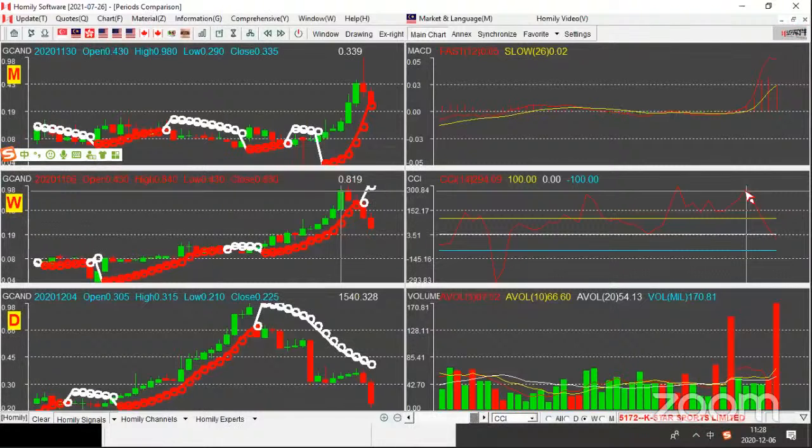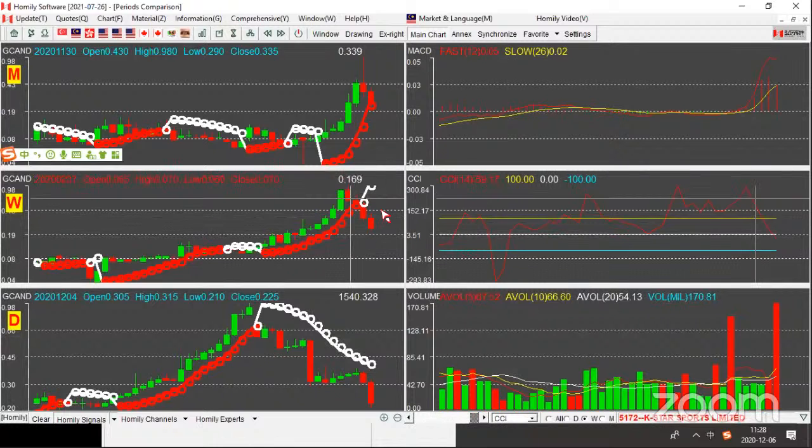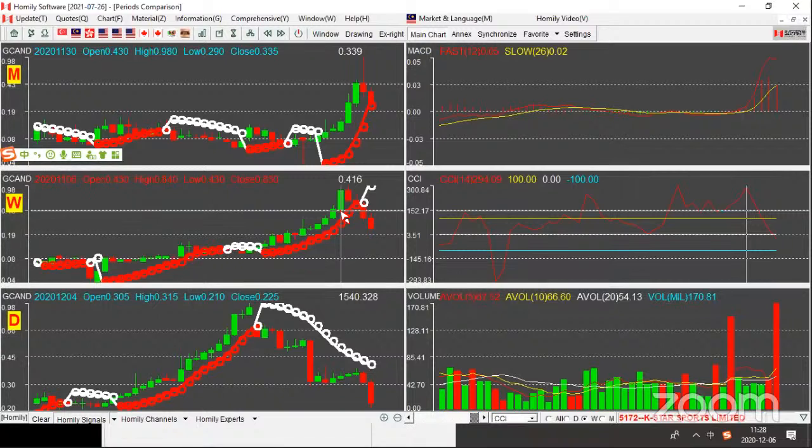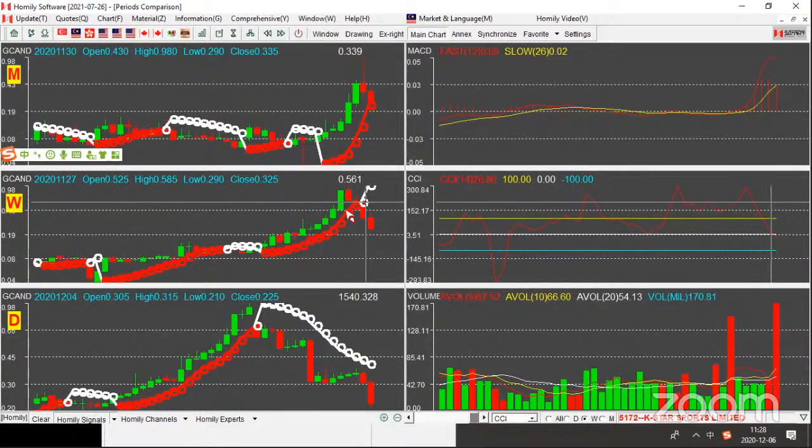So after 6th November, next week is our selling point. Because on 6th November that week, for CCI, it hit the highest level, which is 294. Then next week, you see the line turn to 200, which means it's a selling point. Once the sell point appears on the daily chart, you can sell.